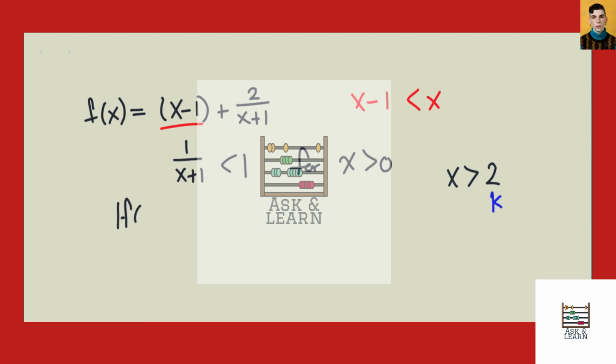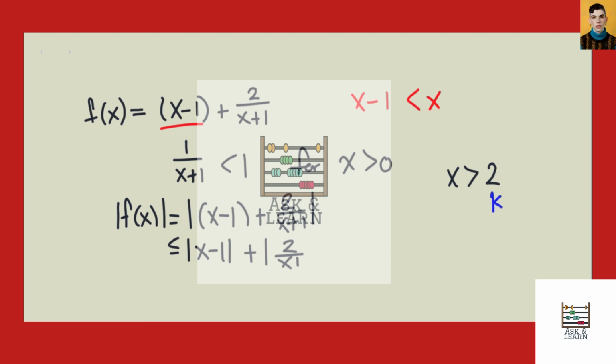So the absolute value of f of x is going to be equal to the absolute value of x minus 1 plus 2 over x plus 1. Okay, so that's going to be less than or equal to the absolute value of x minus 1 plus the absolute value of 2 over x plus 1.